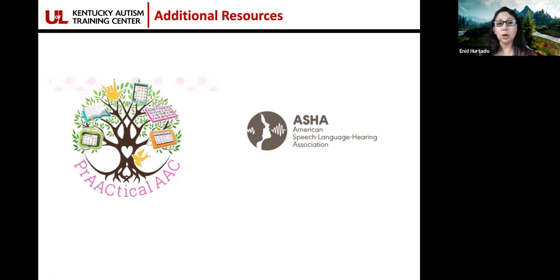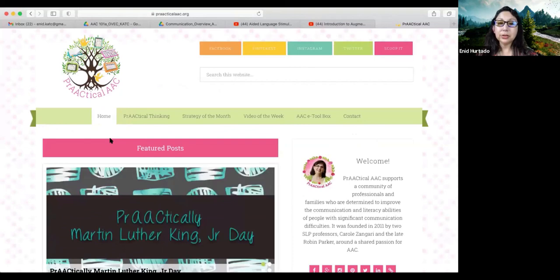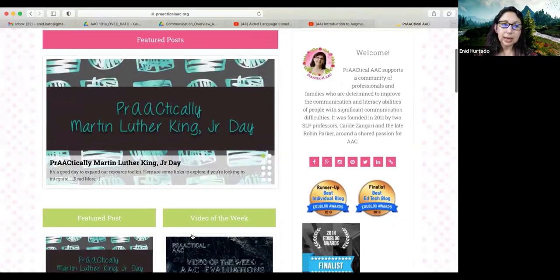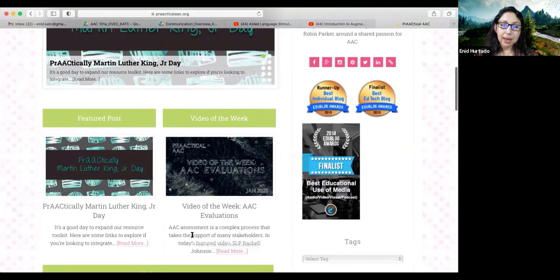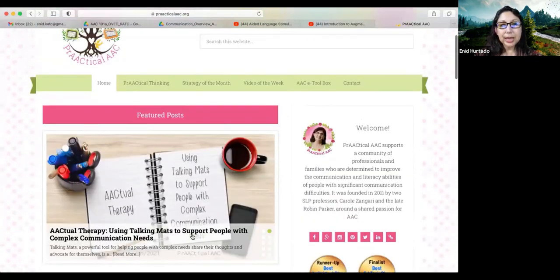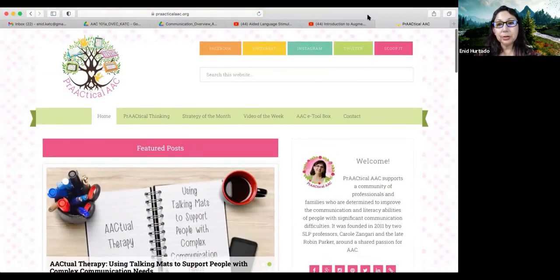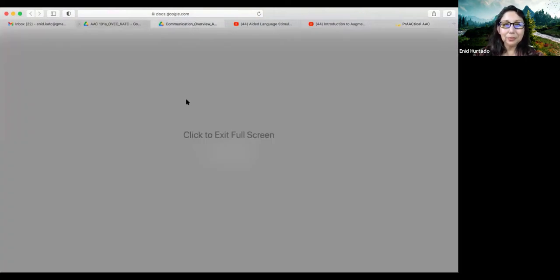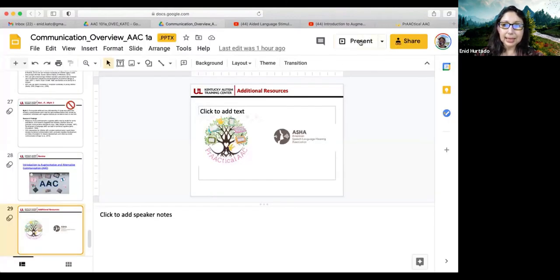We wanted to see what the experts say, and all we had to do was go to the search window and type in preschool, and all of these great resources came up. So definitely check this out whether you're new to AAC or you've been using AAC for a while. You may already know about this blog, but definitely don't forget to use it, and pass on information to other people to help them expand their knowledge about AAC as well.